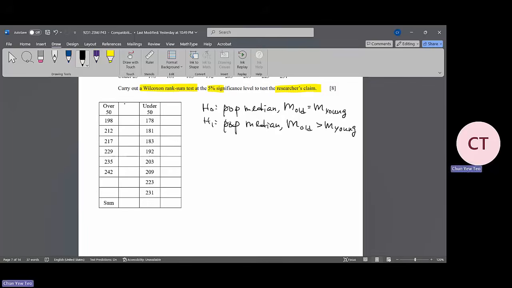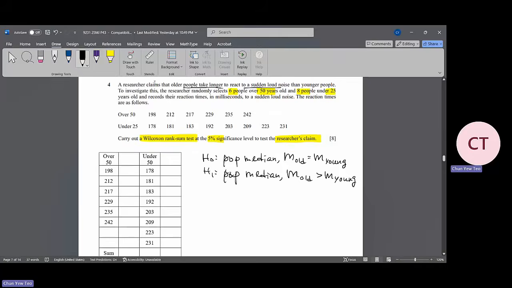Okay. So we need to calculate the ranking here. So we need to make sure that it's in ascending order. This one also, make sure it's ascending order. So both of them are in ascending order. So we can just do the ranking. We start from the smallest value.